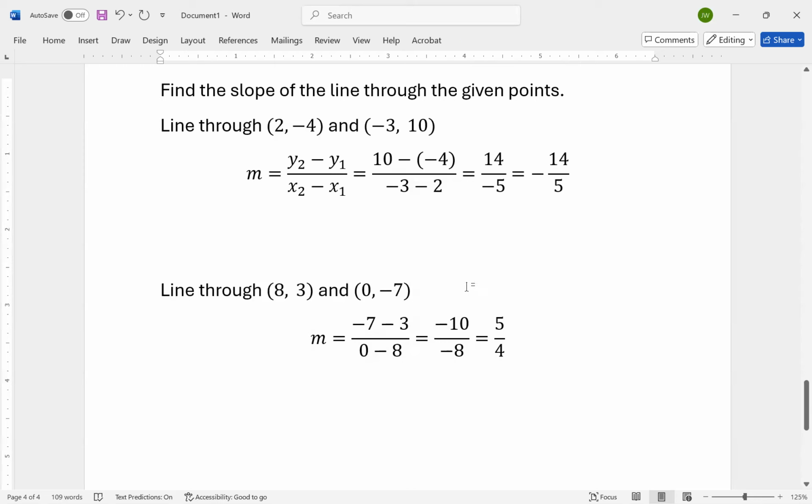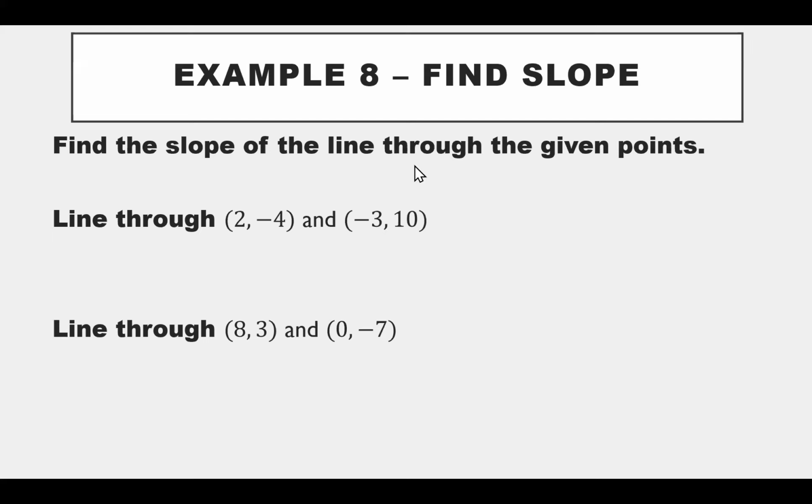The question didn't ask me for the equation of the line in this case, but that's exactly what we're going to do in the next few examples. Let me be more specific. I don't mean the examples right after this one. I mean examples later on in this section.